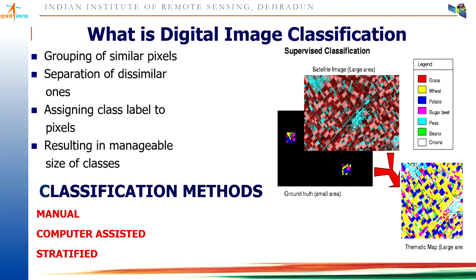This entire exercise is done so that we result in a manageable number of classes. The classification methods, as I have already told you, can be manual, using visual image interpretation methods. It can be computer assisted, which we will be talking about in this session, and you can have stratified, which uses hybrid approaches.